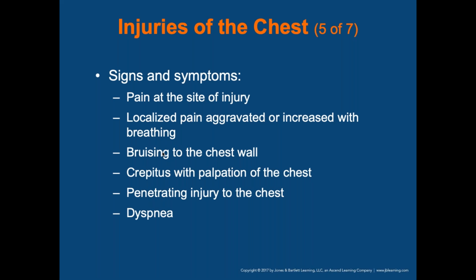But as we're palpating, also, if you have flail segment, which is 2 or more broken ribs in one spot, in consecutive order, you may feel an indentation as you're taking a deep breath in, and then back out again.